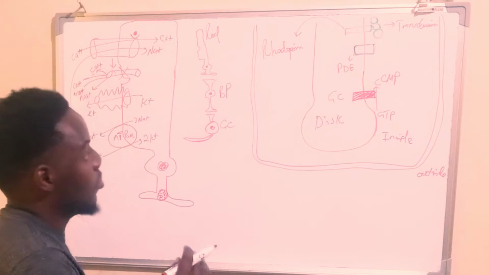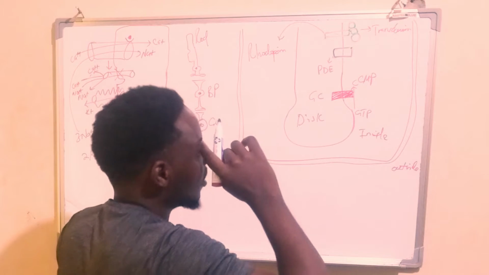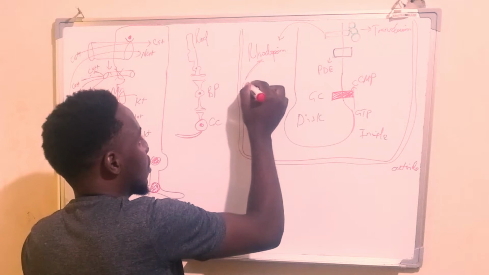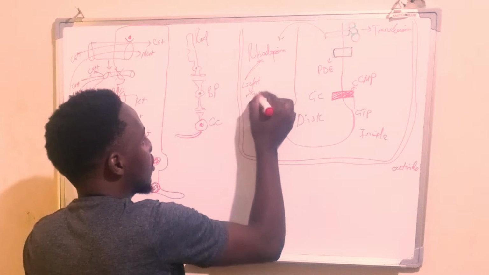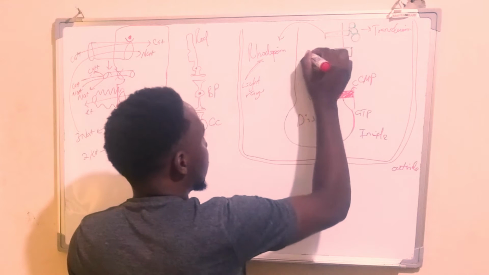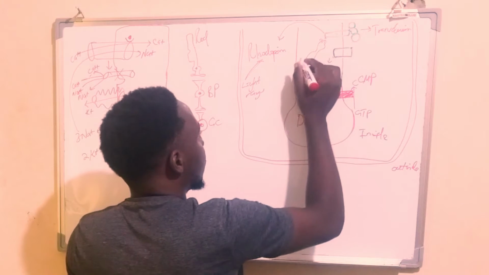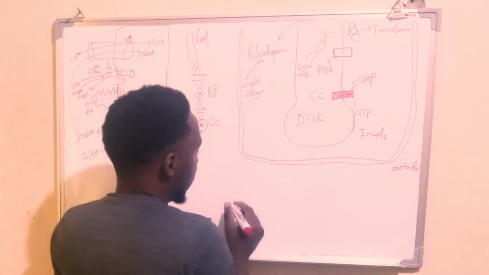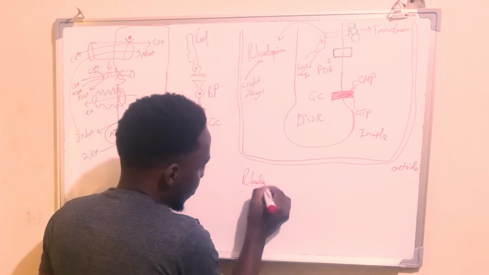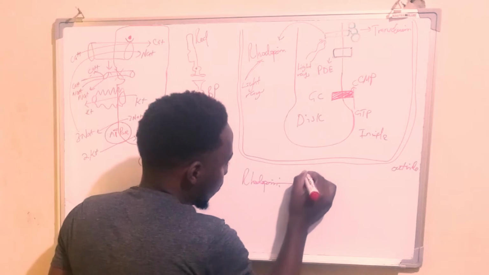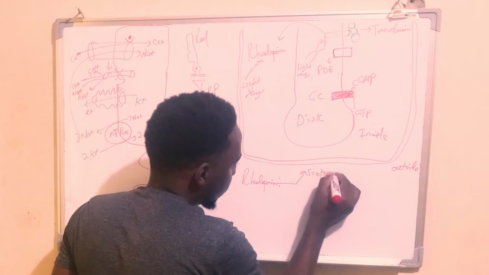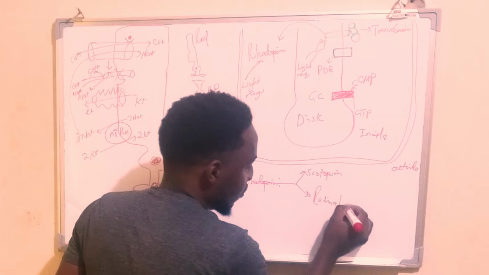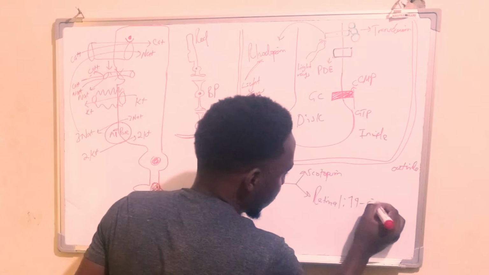Now, when light rays have been shown here, they will hit this rhodopsin. Rhodopsin is made up of scotopsin and retinal in the form of 11-cis retinal.